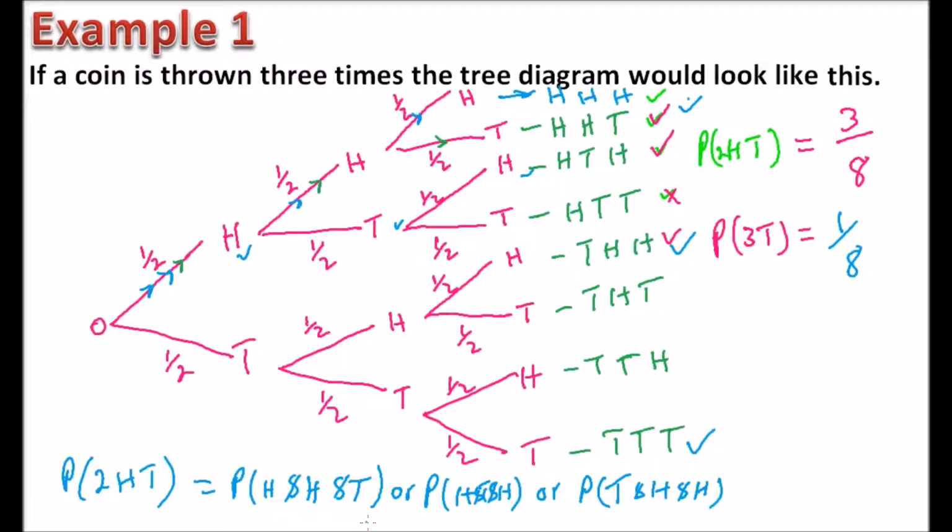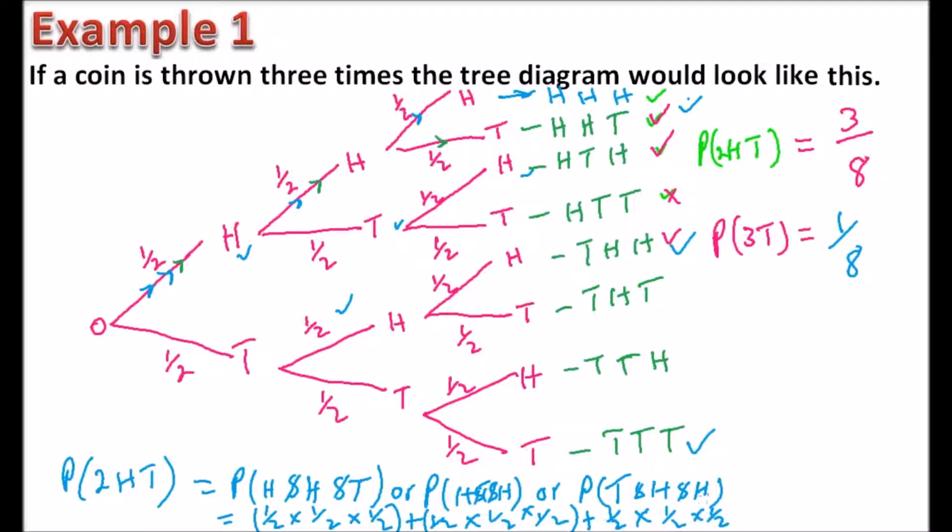Then we can now work out the probability. When you separate this, it is a half multiplied by a half multiplied by a half, or plus, a half multiplied by a half multiplied by a half, the probabilities that we have indicated here, plus, you can put the brackets there, a half times a half times a half.